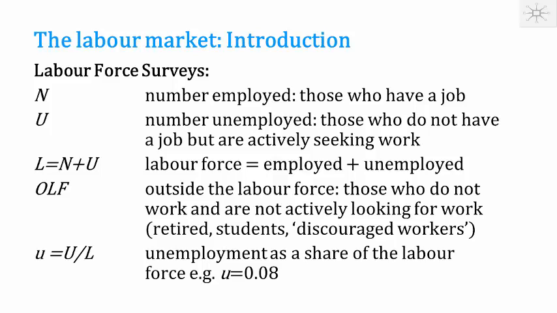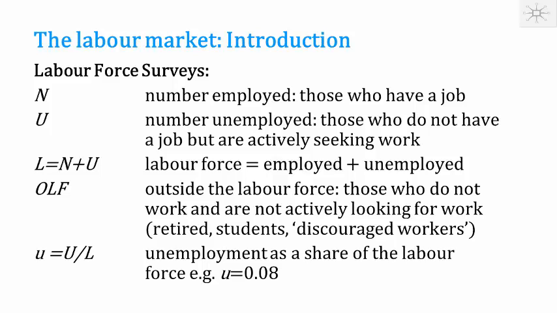And then we will use little u for unemployment measured as a share of the labor force. So for example, if 8% of the labor force is unemployed, then we say that little u is 0.08. So this is the basic data about the labor market.